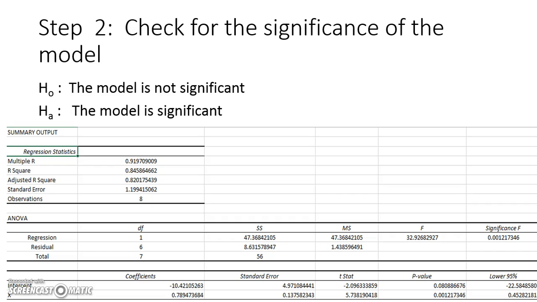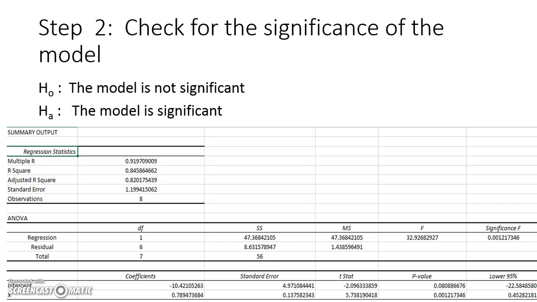So how do we check that? Now we have an ANOVA table corresponding to regression. In this ANOVA table, we have two parts: one talking about regression and the other talking about the residual.